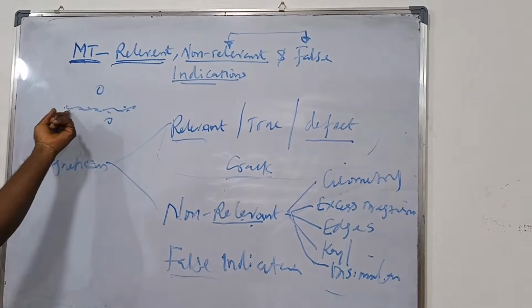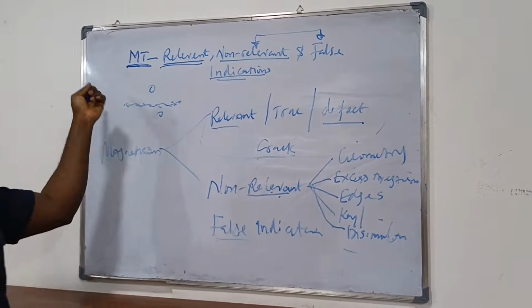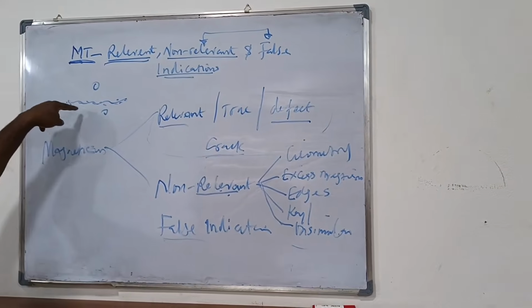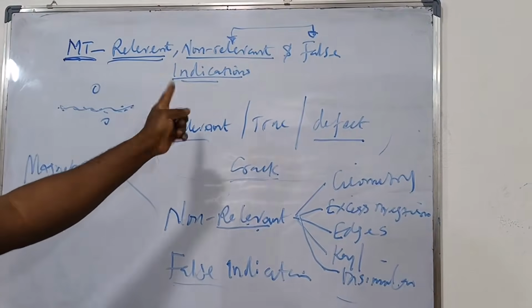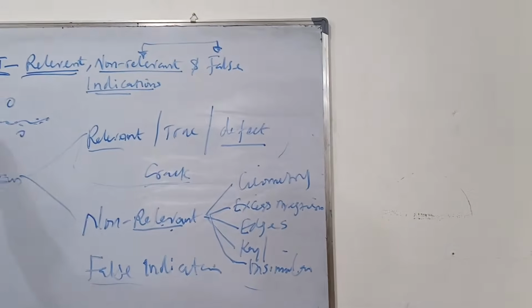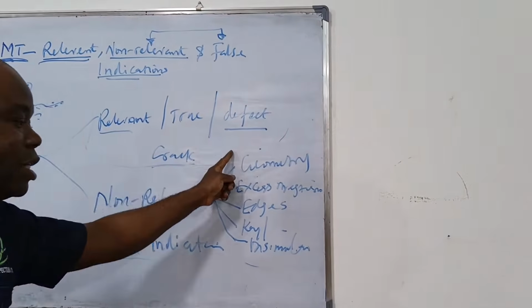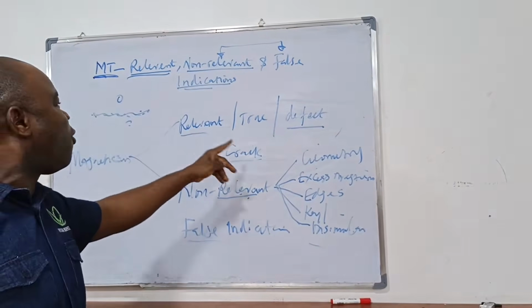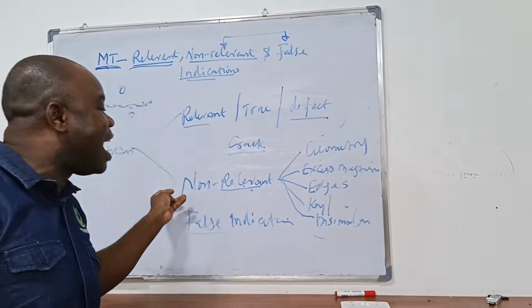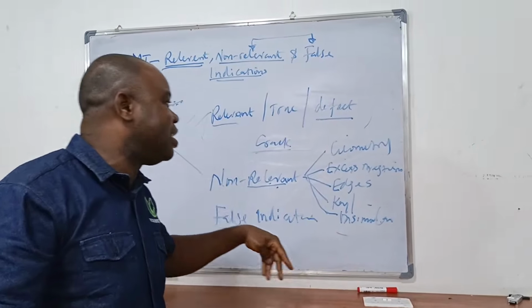Because it's an indication that is caused by a true defect, it becomes relevant. The same thing that this crack does, every other thing you see here will do. But because they are not caused by a true defect, they are referred to as non-relevant indications.